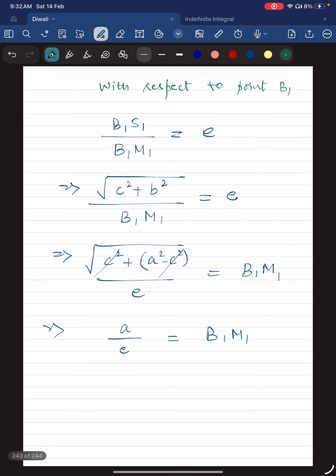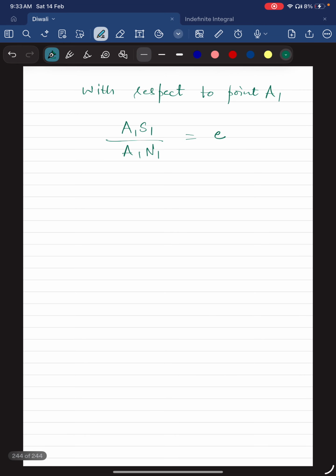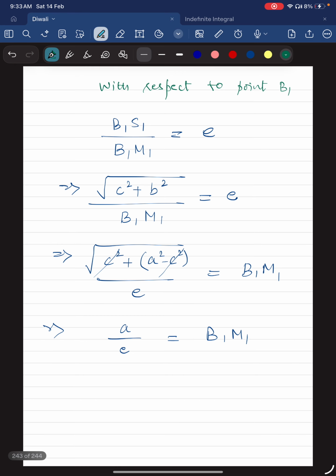E. Yes, eccentricity. Clear? What would be A1 S1? I think the distance of A1 from origin is A. The distance of S1 from origin is C. So A1 S1 is nothing but A minus C. So A1 S1 is A minus C upon A1 N1.